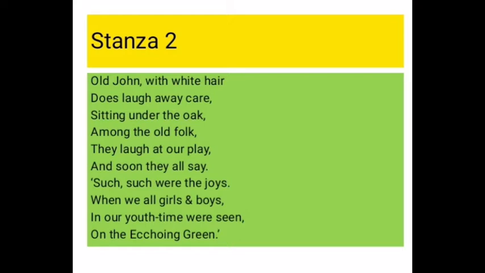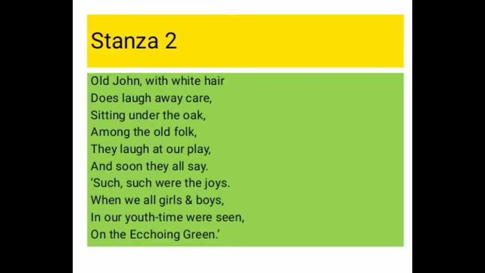Here in the second stanza, it symbolizes the prime of youth. The people happily remember the peaceful days of their youth and joyfully recall the moments when they were young and energetic. Here, old John with white hair means he is an old man. He is laughing and looking at the children playing with care.